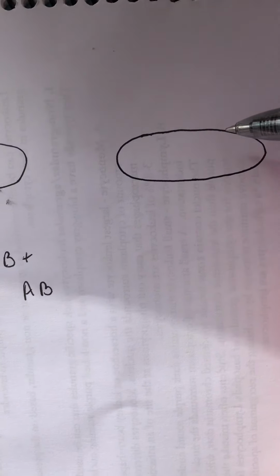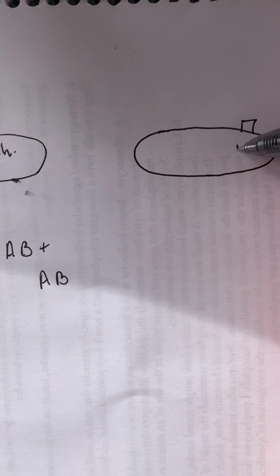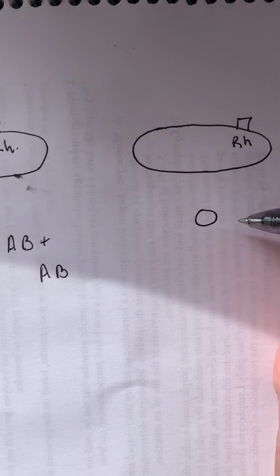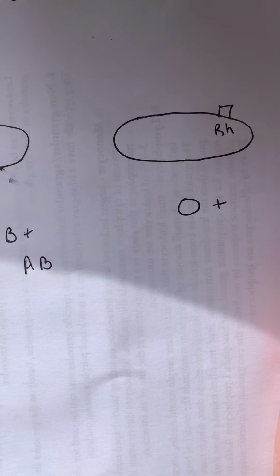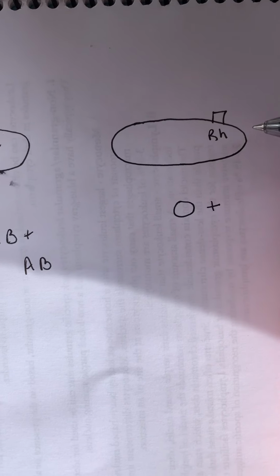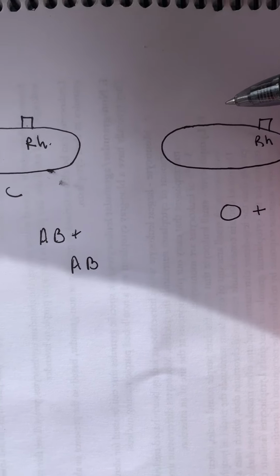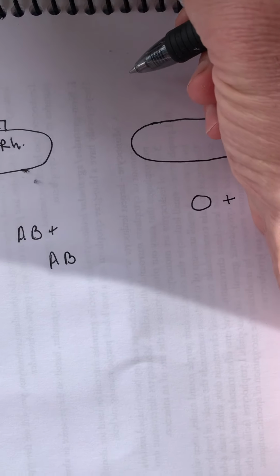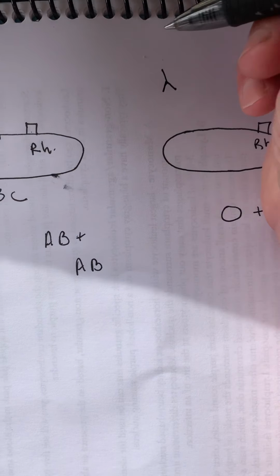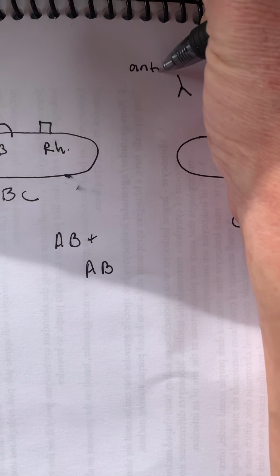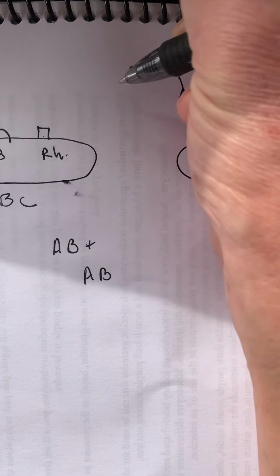So let's look at a person that only has the RH. So this person's blood type would be O positive. And then as far as the antibodies that they make, they're going to make antibodies to whatever they don't have. They don't have an A, and so they would be making antibodies against A, and we would call these anti-A antibodies.